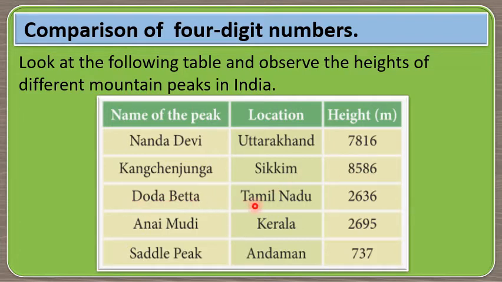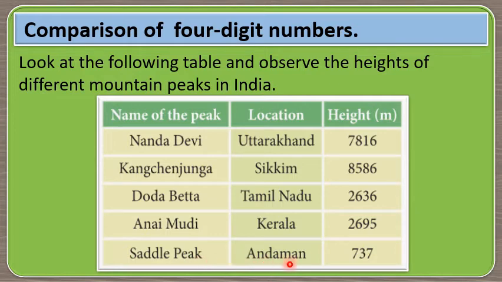Doddabetta, location is Tamil Nadu. Its height is 2,636 meters. Anaimudi, location is Kerala. Height is 2,695 meters. Name of the mountain peak is Saddle Peak.